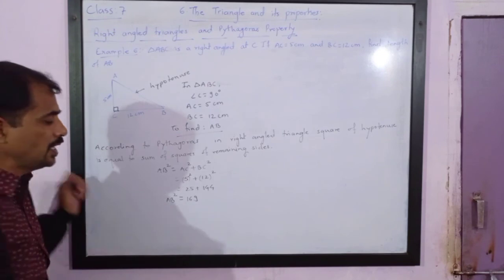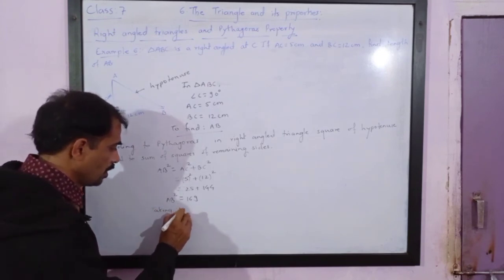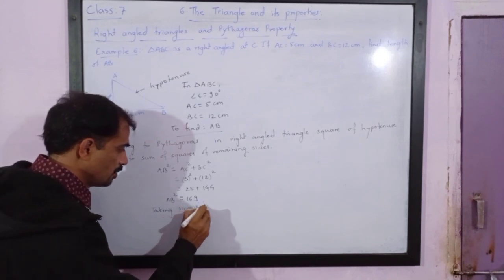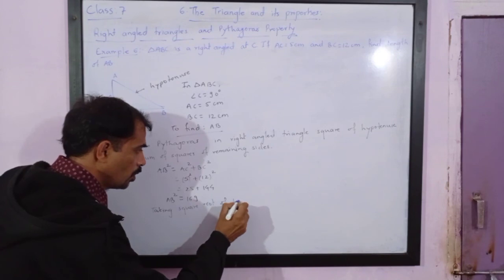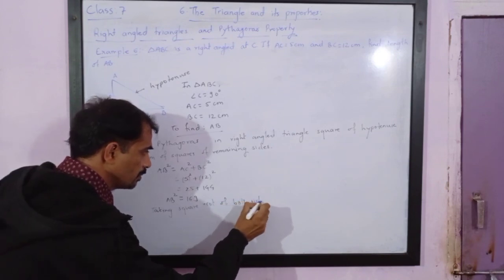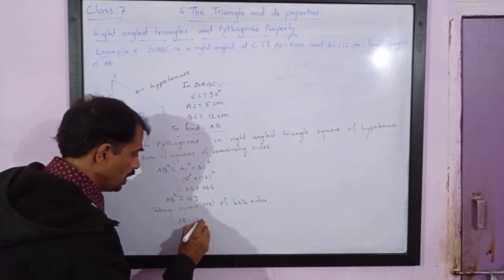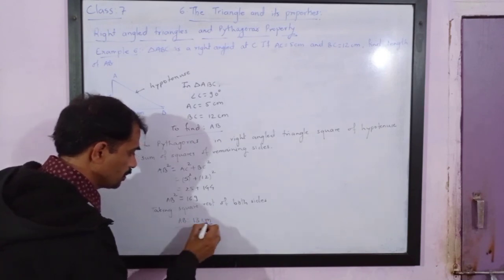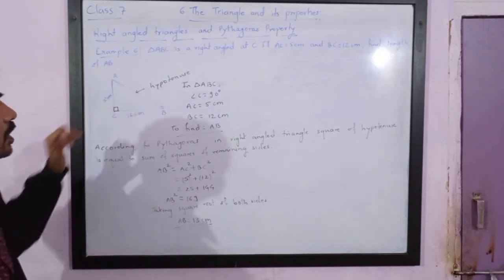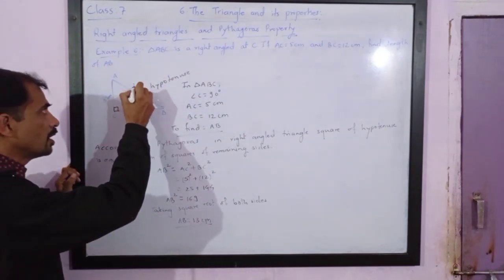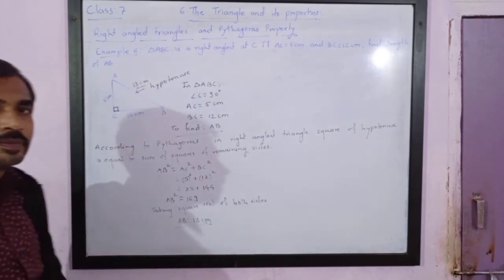Taking the square root of both sides, you will get AB is equal to 13 centimeter. So thus we have got AB is equal to 13 centimeters.